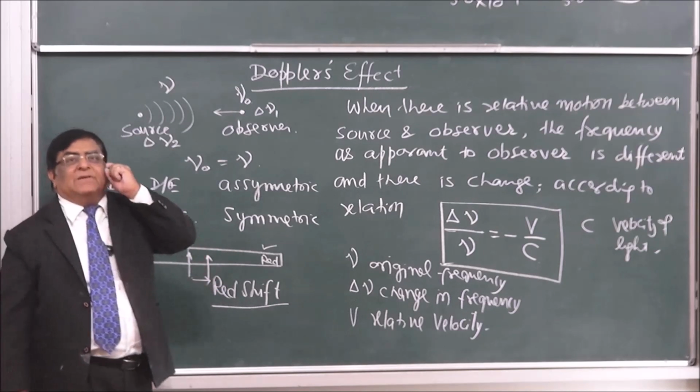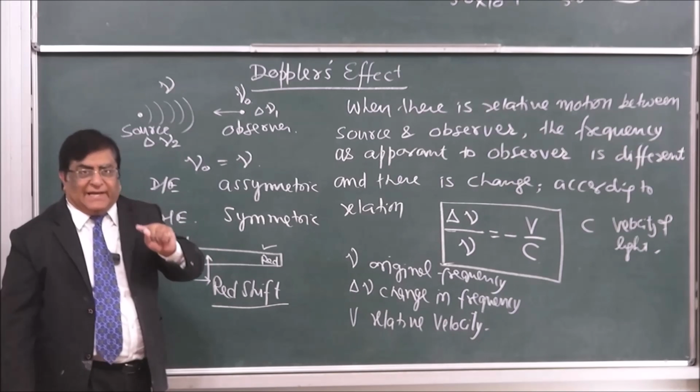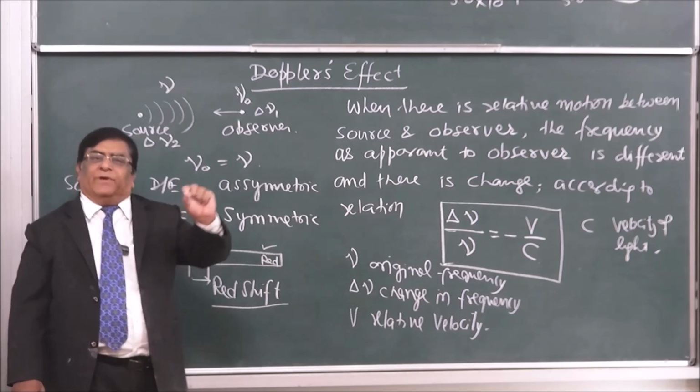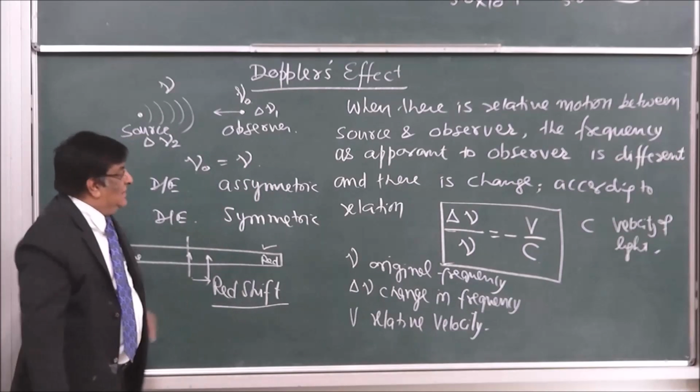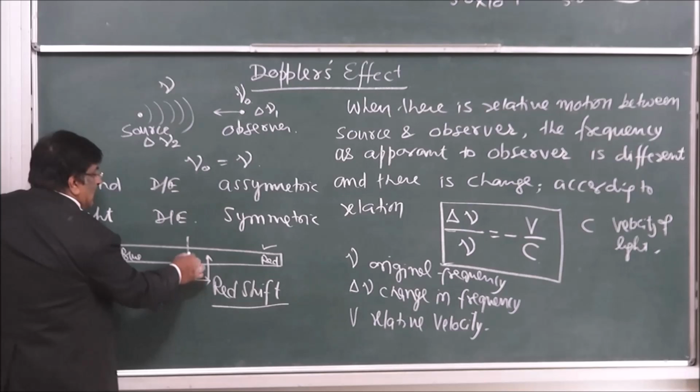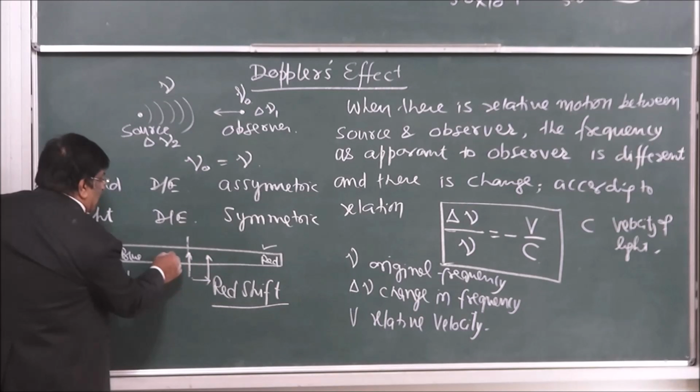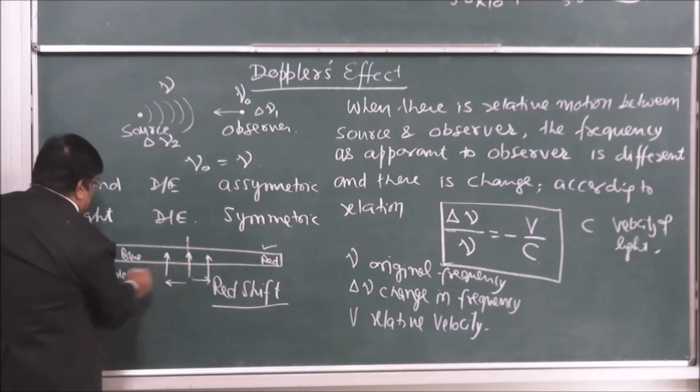This is known as red shift, which indicates that star is moving away. And if that star is coming towards me, then its natural light will show a frequency which is higher than this. So I will see its spectrum here. This. And this will be known as blue shift.